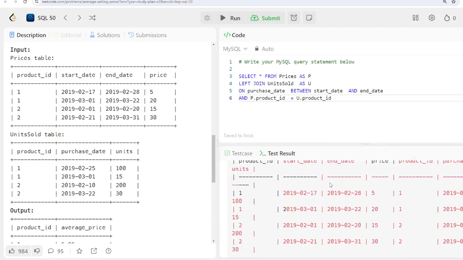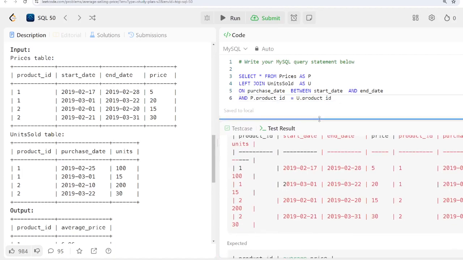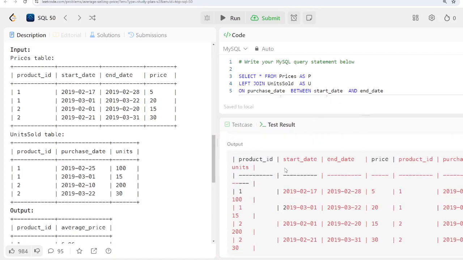Okay, so this is the output that I am getting. Now I want to do price into units, and I only want the product ID. So let's not select everything.